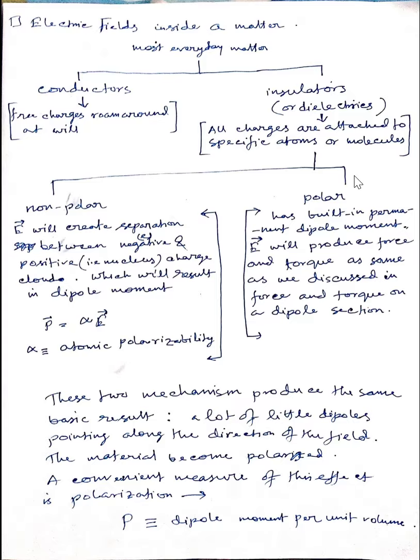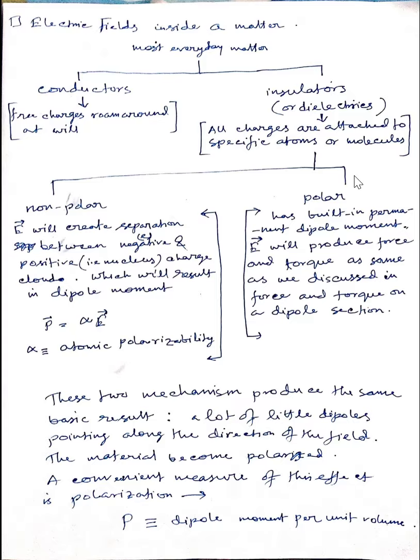There is also a two-way classification of dielectrics. One is non-polar and the other is polar. From the naming, you can easily guess what non-polar means: there is no polarity. That means there are no permanent dipole moments in the material.